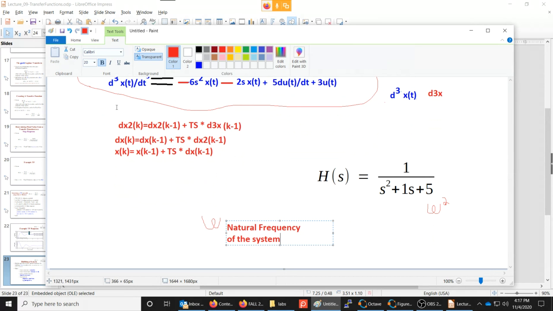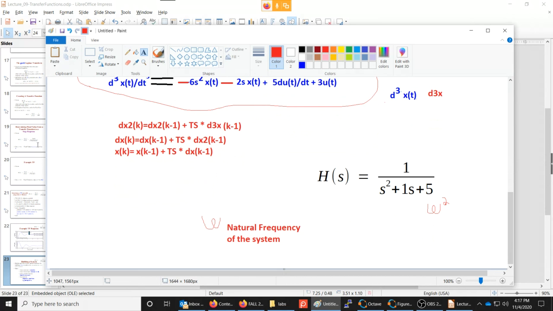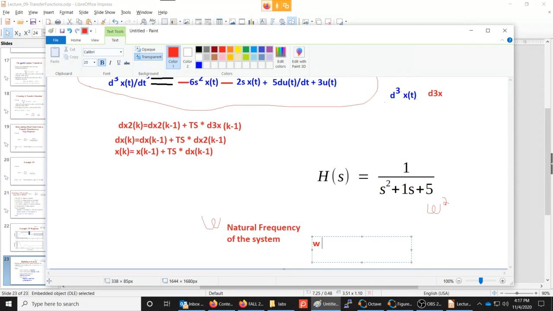All right, so 5 is omega squared. So if you take the square root, that'll give you the frequency of oscillations. Now, the units of omega are in radians per second. So let me just kind of write omega here. So omega is in radians per second.